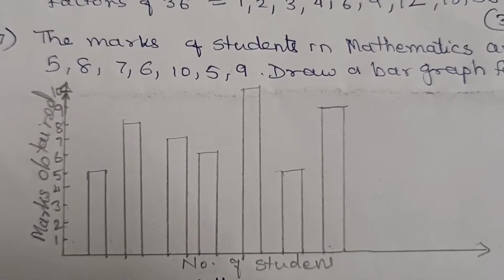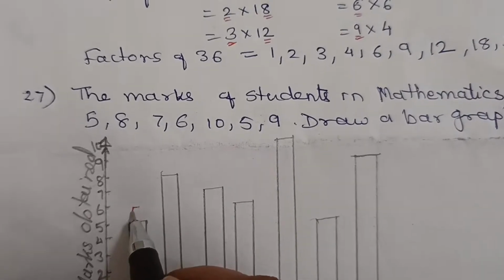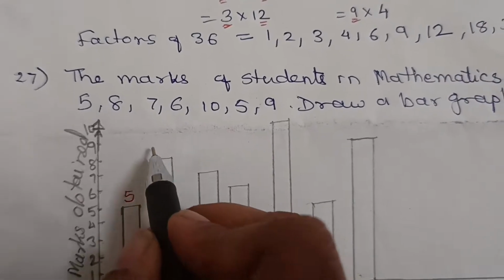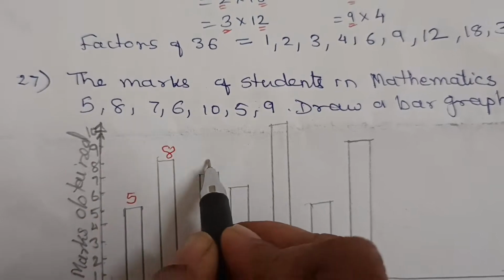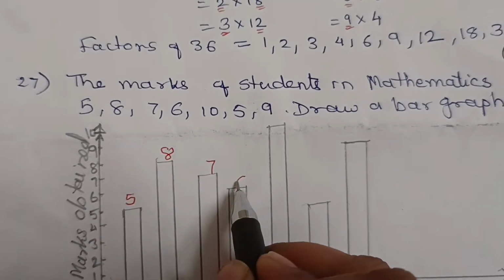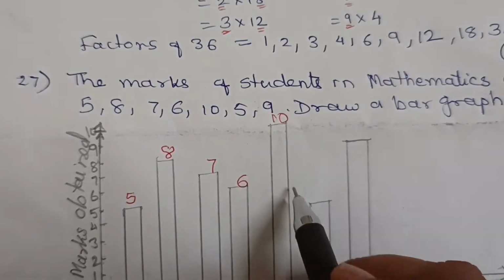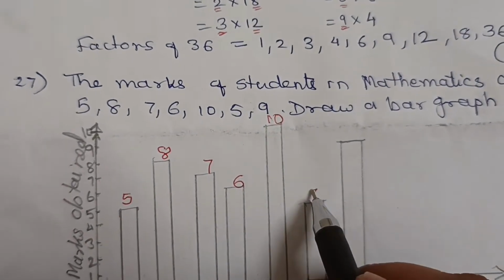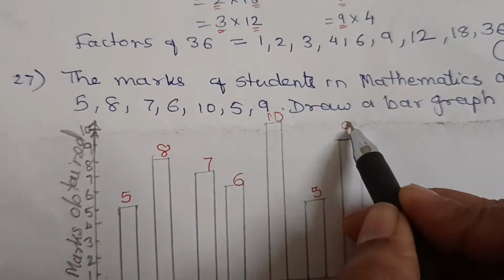Now I have drawn a bar graph. Now write the marks obtained. First student got 5 marks, 8 marks, then 7, then 6, then one got 10 marks, one more student got 5 marks, and the last one got 9 marks.